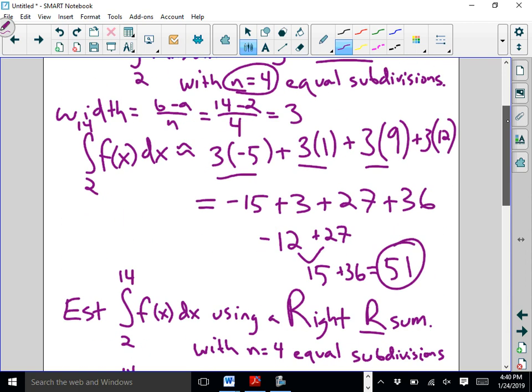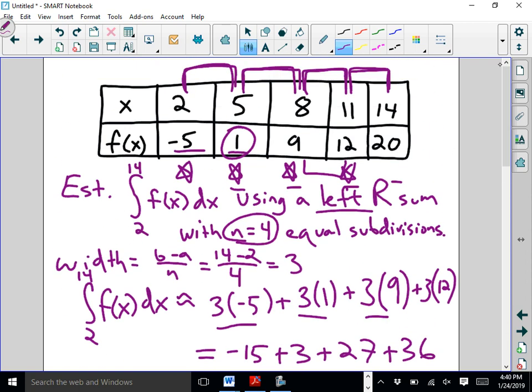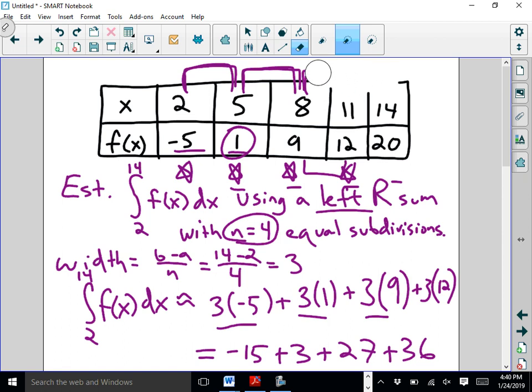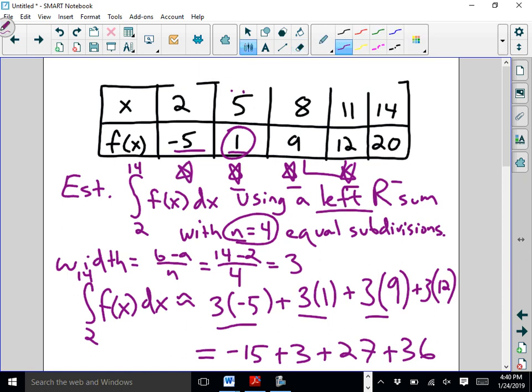I'm going to erase these subdivisions that I have. Okay, so my new subdivisions have to be a width of 6. My first subdivision is going to start at 2 and it's going to finish at 8 because that's a distance of 6 away. My next subdivision is going to pick up right from 8 and go to 14.